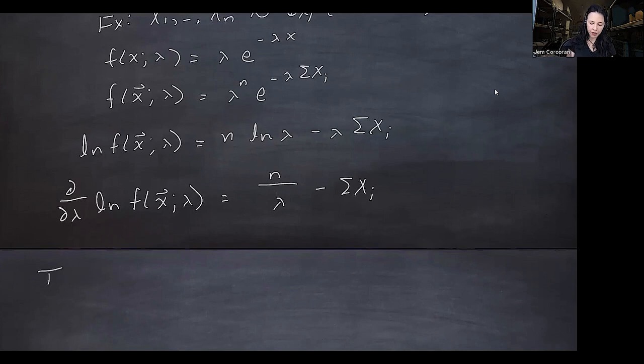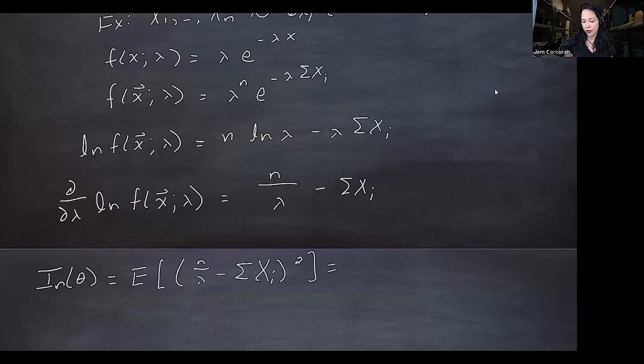But the Fisher information, one way to compute it is to square this and take the expectation. And since this thing is squared, we could change the order. And if we change the order around, rewrite it this way, then we see a sum of exponentials, which has a gamma distribution. In particular, the distribution is gamma n comma lambda, and the mean of the gamma alpha beta is alpha over beta.